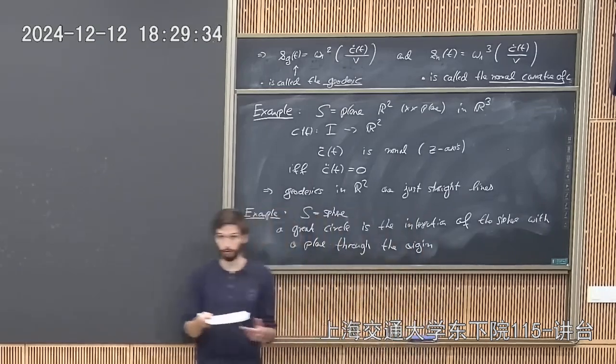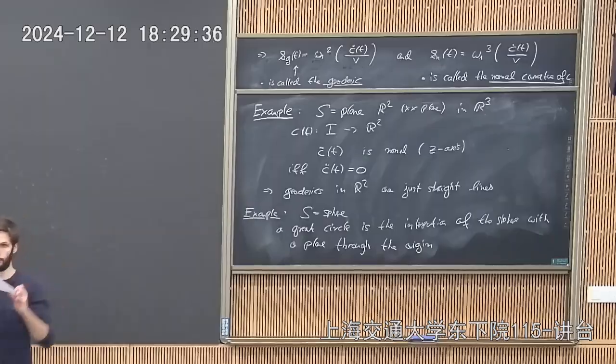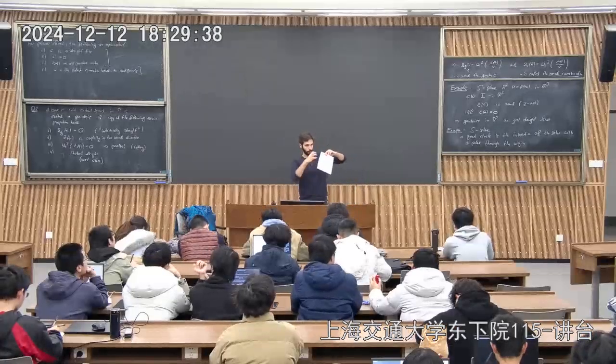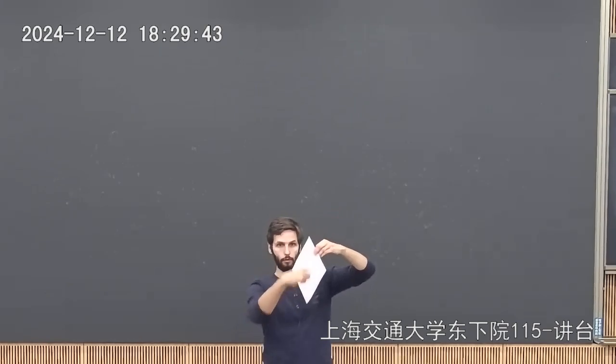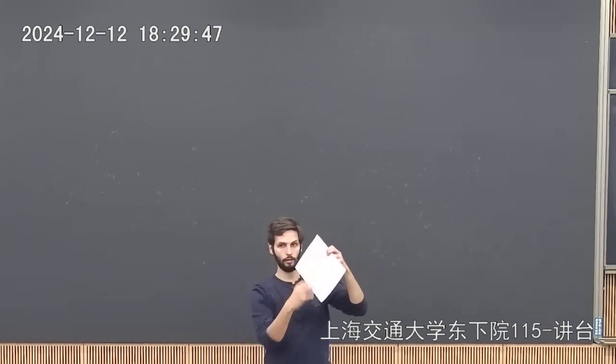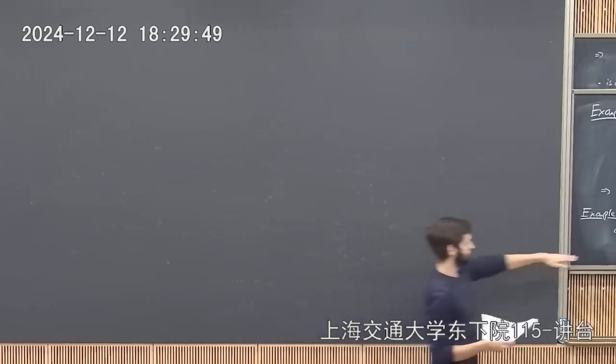So you take your sheet of paper, which you can orient as you want, and you have your sphere, and you just cut once through the sphere, then you get one circle that is cut out by the intersection.